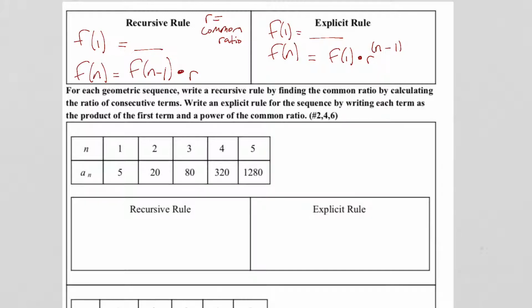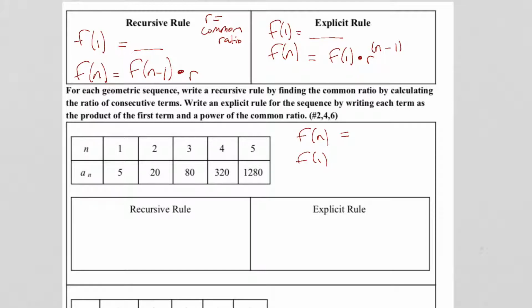Now, the other thing I need to call out in this section is when we were doing arithmetic sequences, we talked about f of n, right? And then you were finding f of 1, and you wrote things in this fashion. There's a different kind of sequence notation, and we're going to introduce it now in this chapter.